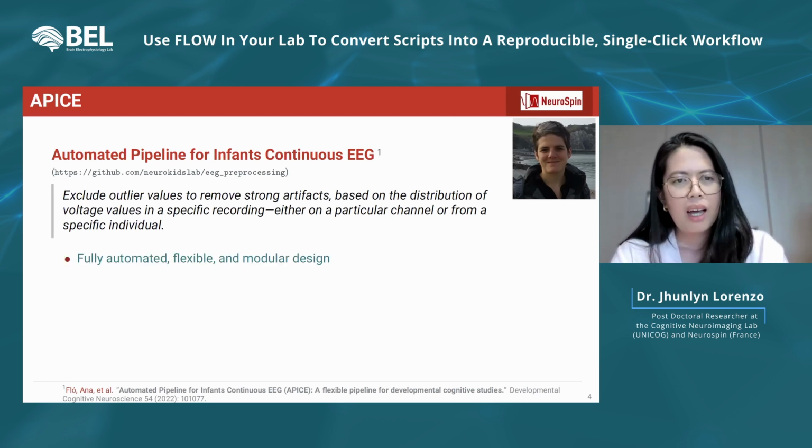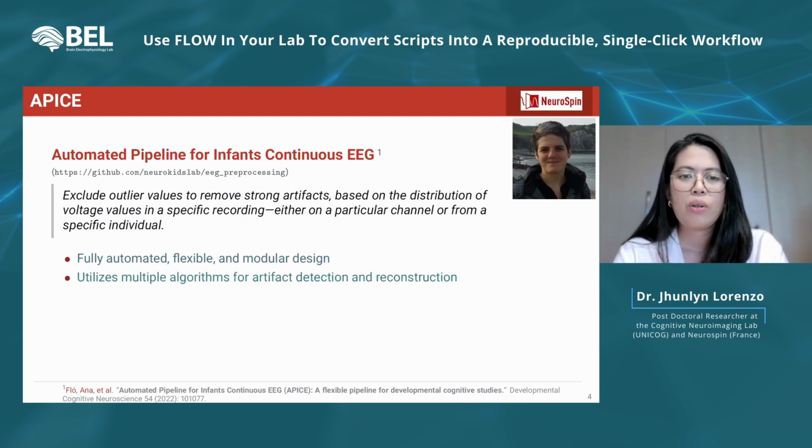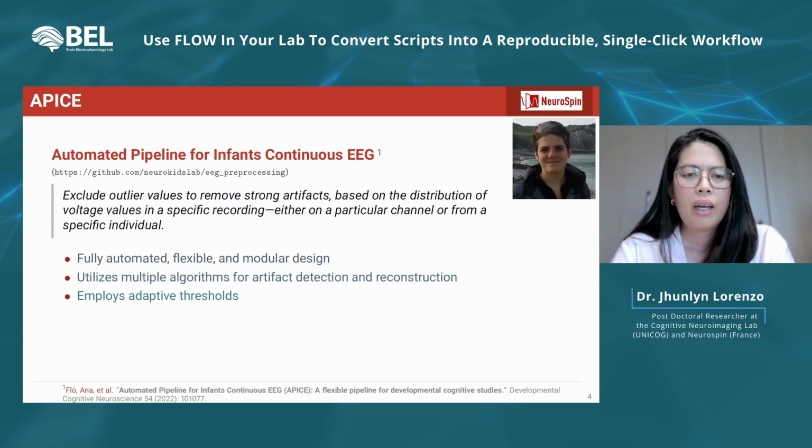So APICE is a fully automated, flexible, and modular pipeline that can be customized for different analyses. It uses multiple detection algorithms which are sensitive to different types of noise. And here we try to reconstruct the data instead of rejecting the segments or the epochs.